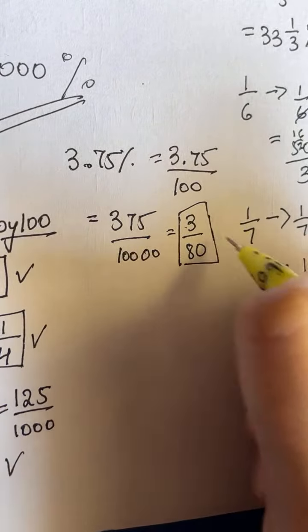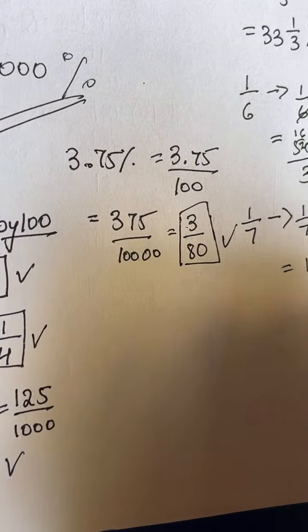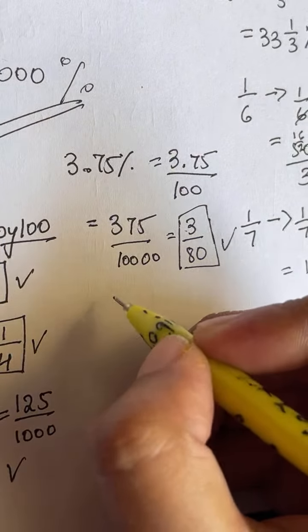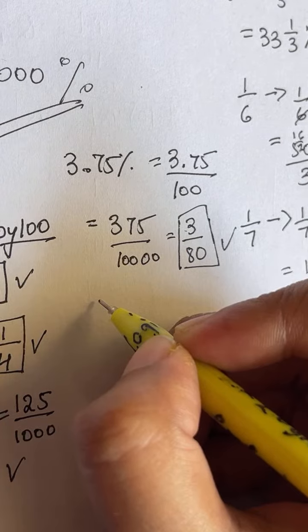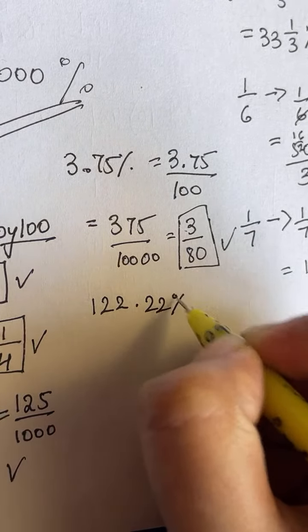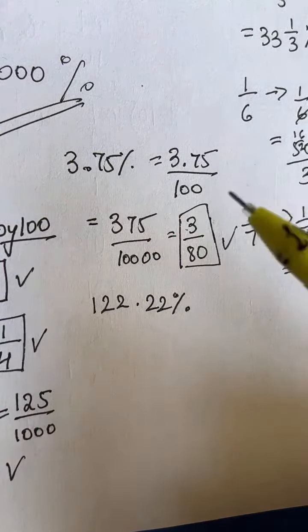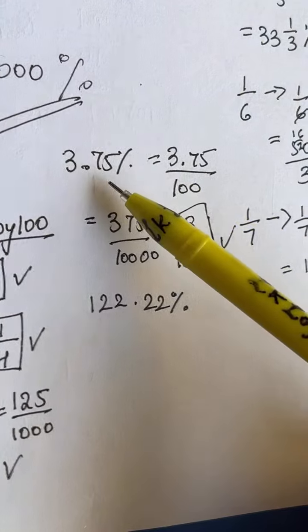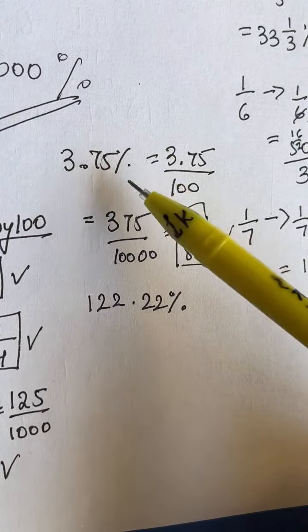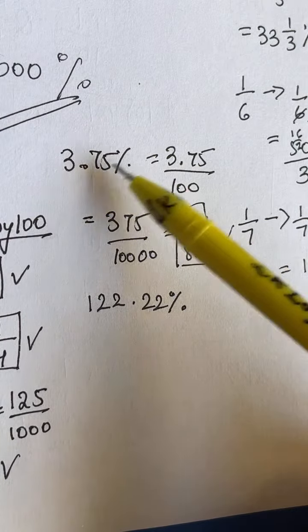And that's your fraction. Okay, let's see one more last example. For example, you have 122.22%. Now what we were doing is we were converting some numbers which looked like 3.75%, and they were non-repeating decimal numbers.